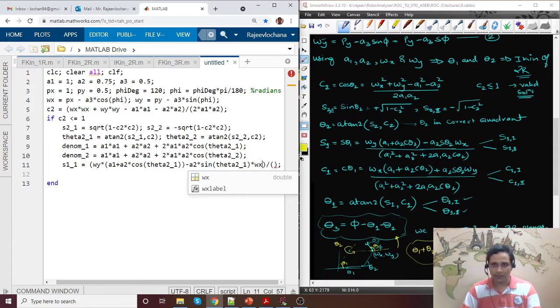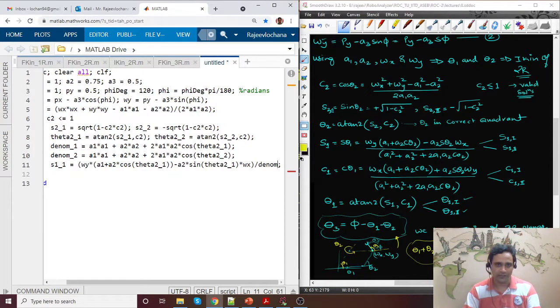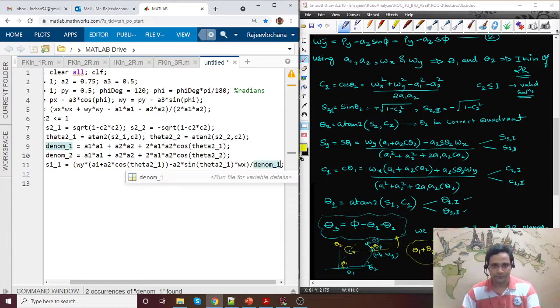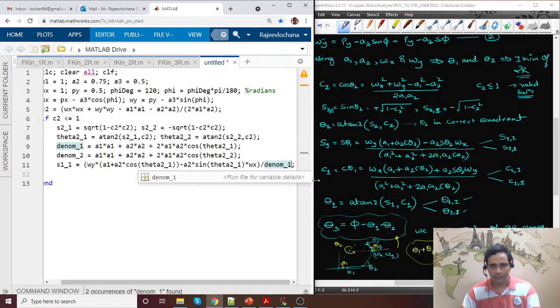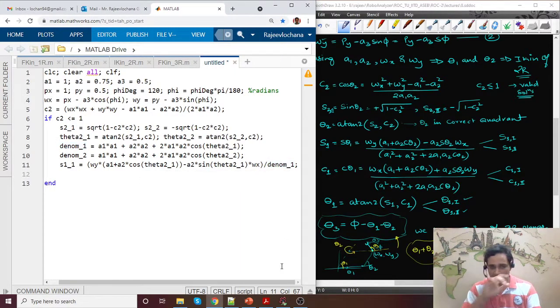Okay, so that is the numerator term. Now divided by, since we only have one term, I need not have that denominator underscore 1. Okay, so that is the s1 term. Let's just double check. I have a2 cos theta 2, then minus a2 sin theta 2 wx, denominator 1.